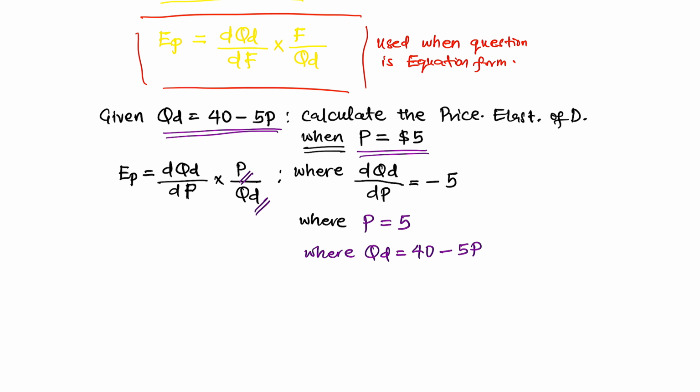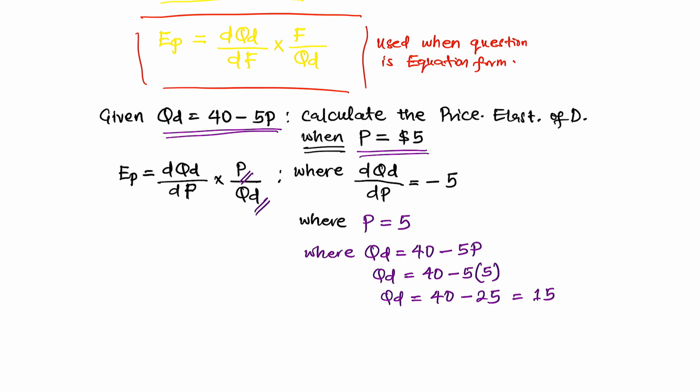Since we are calculating the price elasticity of demand when price is $5, it simply means the quantity demand equals 40 minus 5 times 5, because the price is 5. So quantity demand equals 40 minus 25, and the answer is 15.